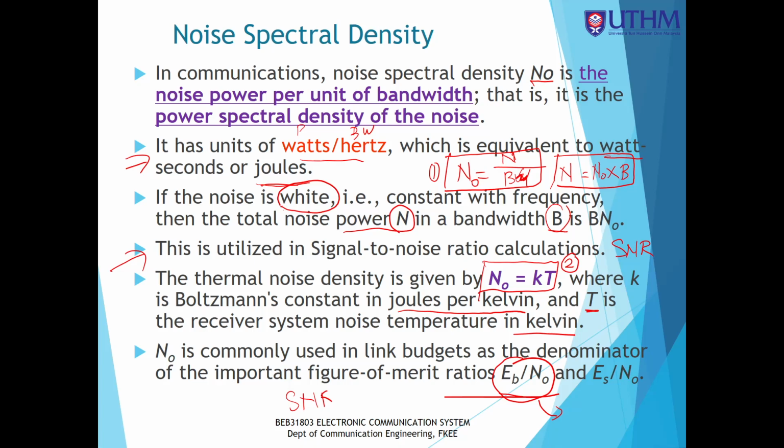Or we can also find the symbol energy, Es, divided by the noise power spectral density. So both of these are important parameters in the link budget analysis of the digital system. You will see both of these in chapter 4 later.